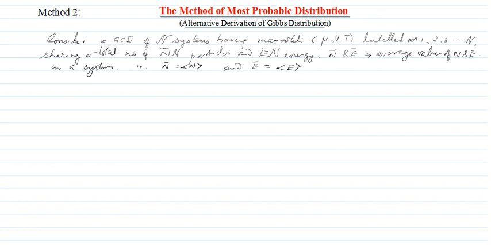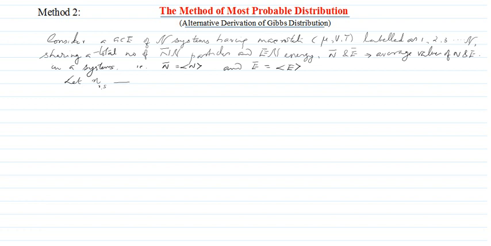Now let's introduce another symbol. Let small n subscript r,s be the number of systems in the ensemble having N_r particles and E_s energy at any time t.